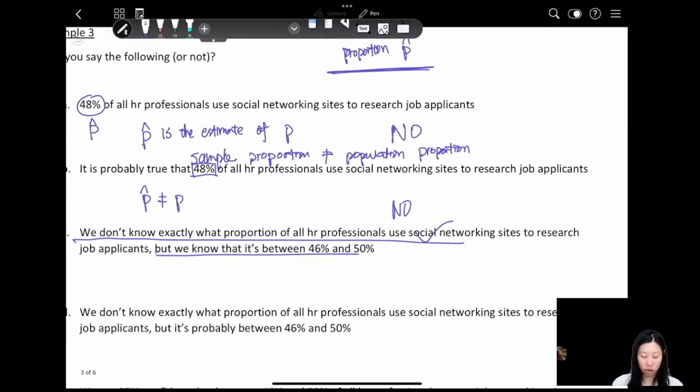They do describe the population proportion, and they mention the range, so they satisfy the second one. But which part are we missing? They're missing the level of confidence. How confident are you in this conclusion? So this is also a no, because they're missing the level of confidence.